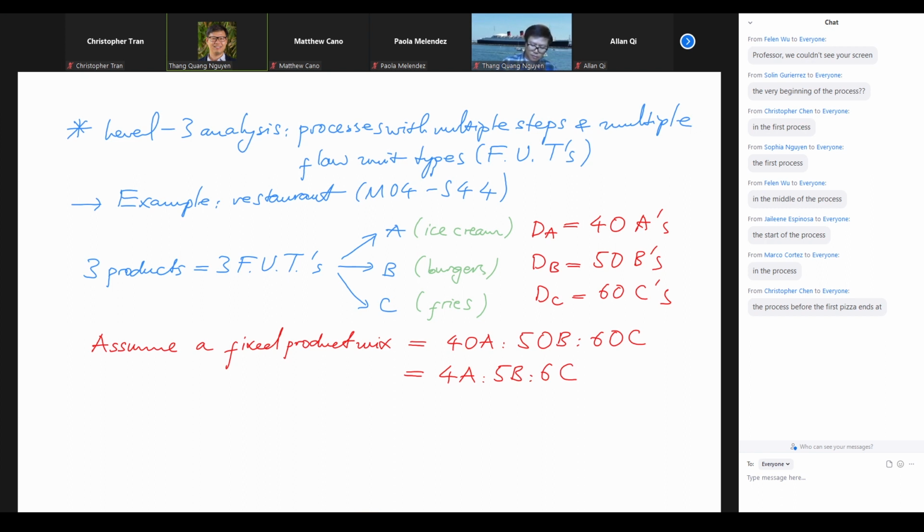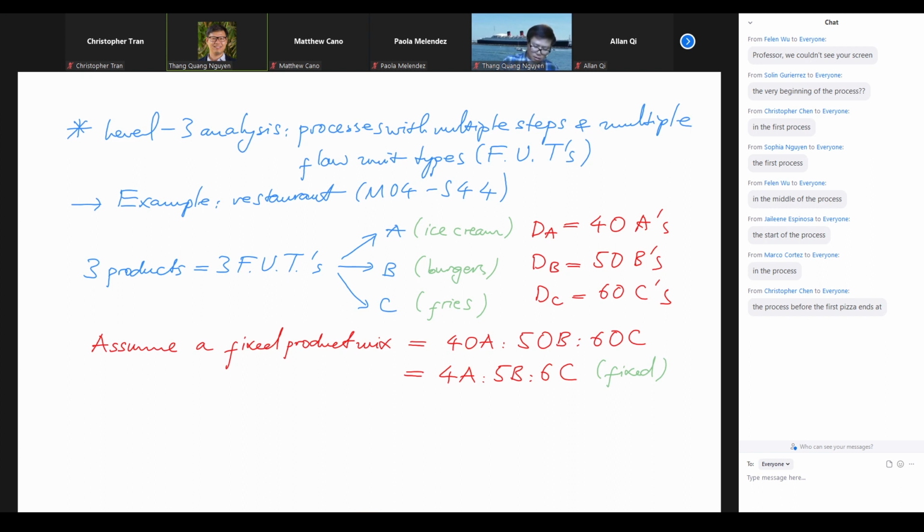Remember, we assume that these proportions are fixed. They do not change over time. No matter what we do, the proportions stay the same. We choose it to be simple enough so that we can work on the analysis.